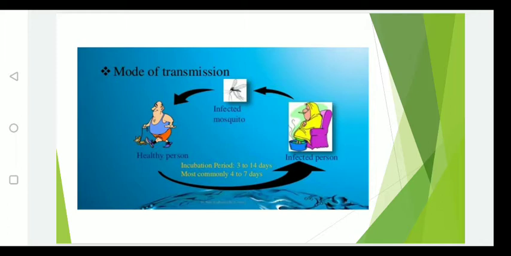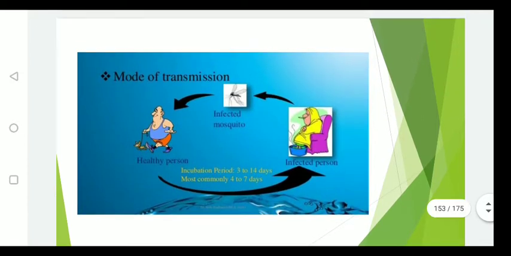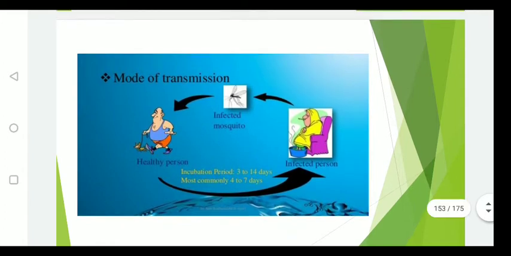Once the mosquito has sucked blood from an infected person who has dengue, the mosquito carries the virus from the infected person towards the non-infected person. This infected mosquito moves towards the healthy person for sucking blood, and the virus moves from the infected mosquito to the healthy person.